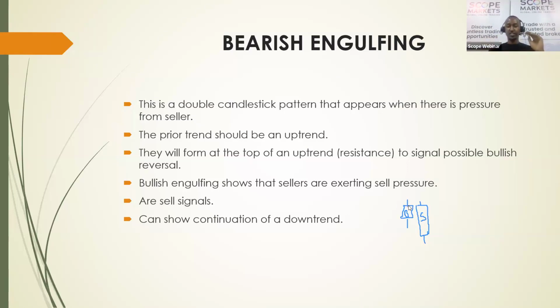How you trade this: you mark from the top of this pattern, the highest level where the wick reached, say the first candle's highest wick, and at the bottom you mark up to the body of the first candle. This region is what we call the sell zone, or bearish order block.